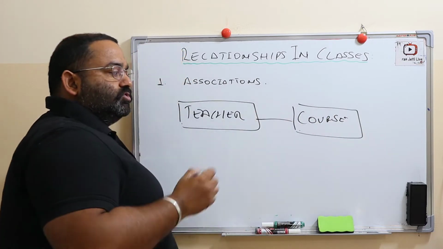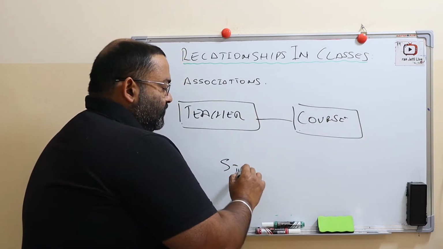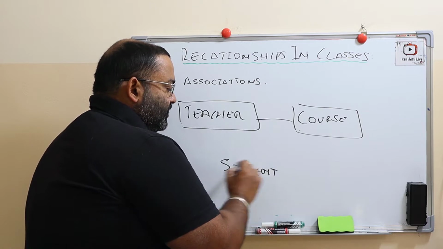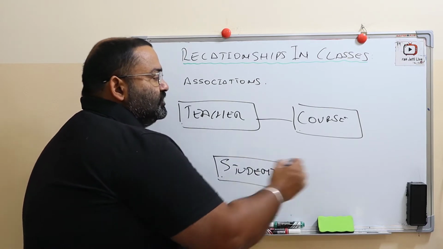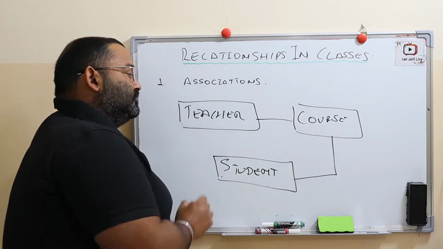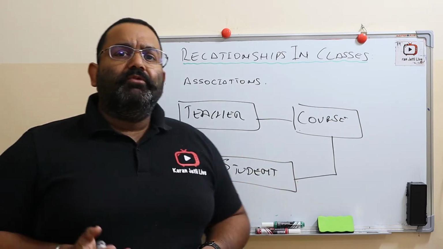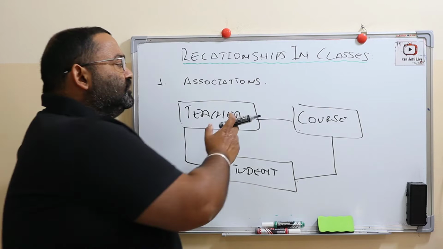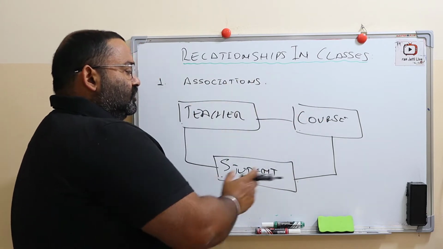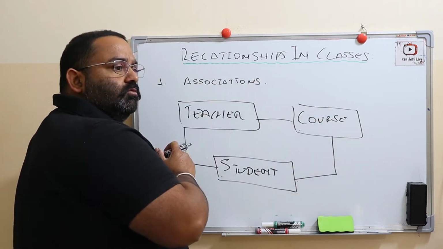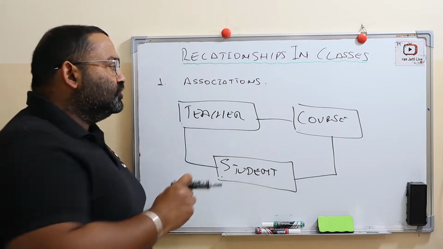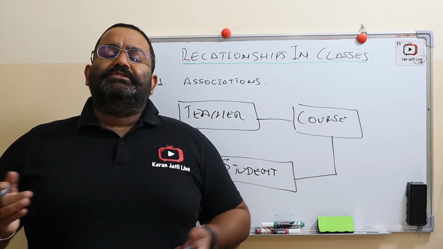So student is associated with the course and student is also associated with teacher. So what is the name of the association? Teacher teaches the course, student registers in course, teacher teaches the student. So what is this type of relation called?